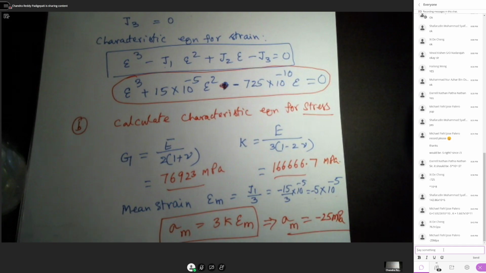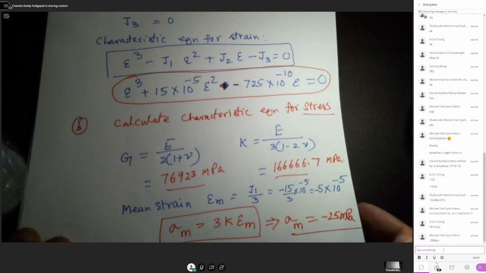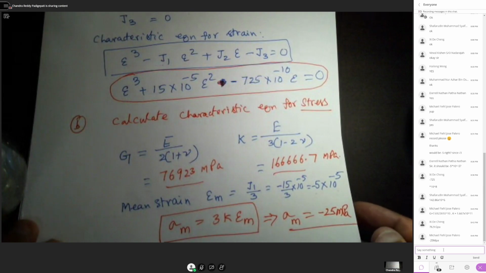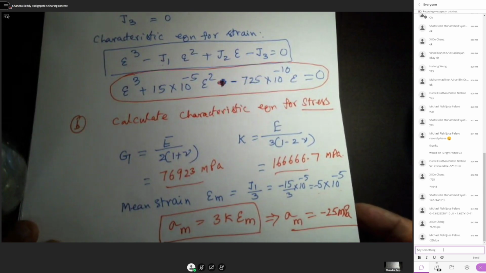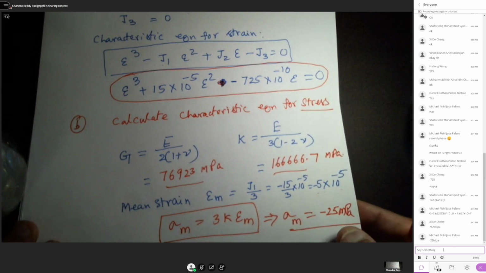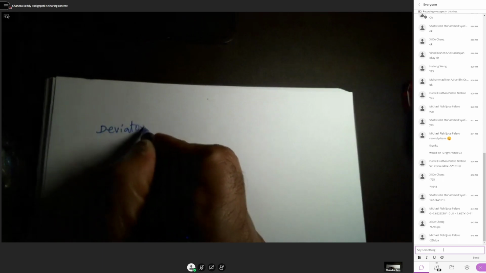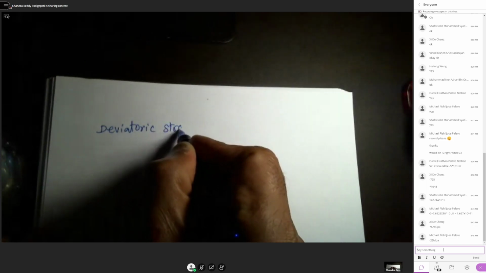Okay, so once we know the mean stress and we know the mean strain, therefore we can calculate the deviatoric strain tensor. So I'll just take out this. Can I take this out? Okay, so now we can get the deviatoric strain tensor.